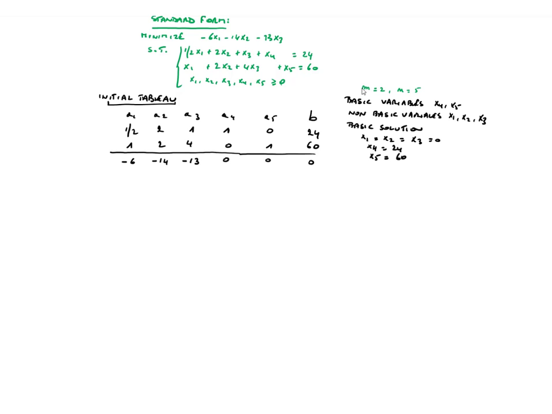You set the non-basic variables to 0, and then you can see that x4 is equal to 24 and x5 is equal to 60. Right? You can see here that we have the pivots, and we have indeed zeros above and below the pivots. You should always check this.